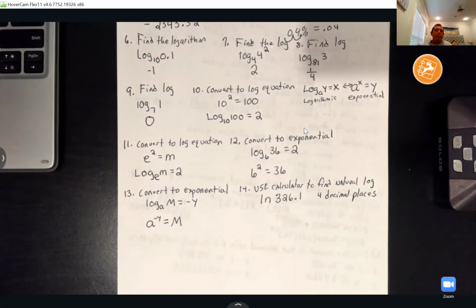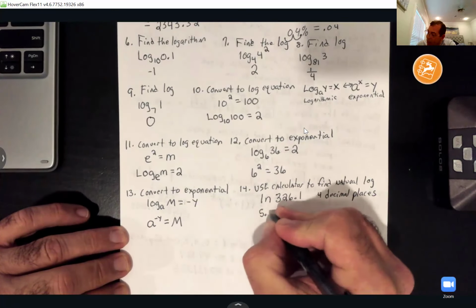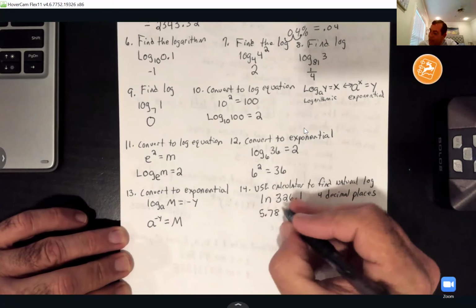So you'll have a something point with 4 more numbers, okay? So I'm gonna let y'all punch that in and see what y'all get. All right, I got some answers coming in. Let's see, 5.78. Perfect. 5.7872.